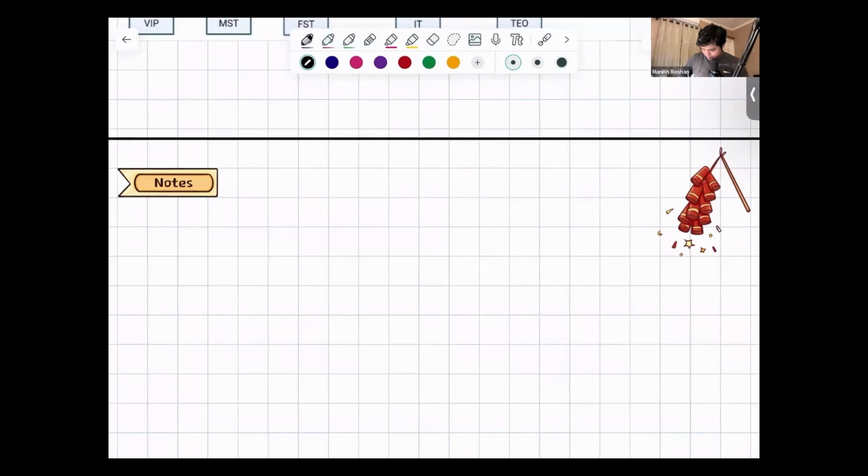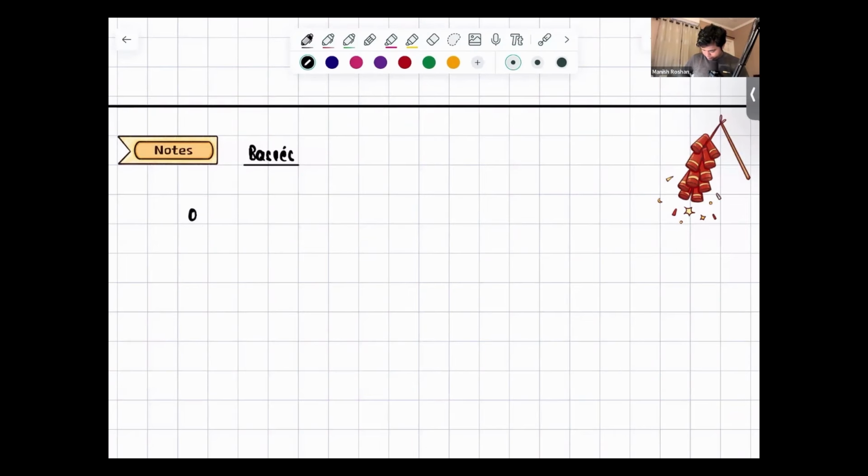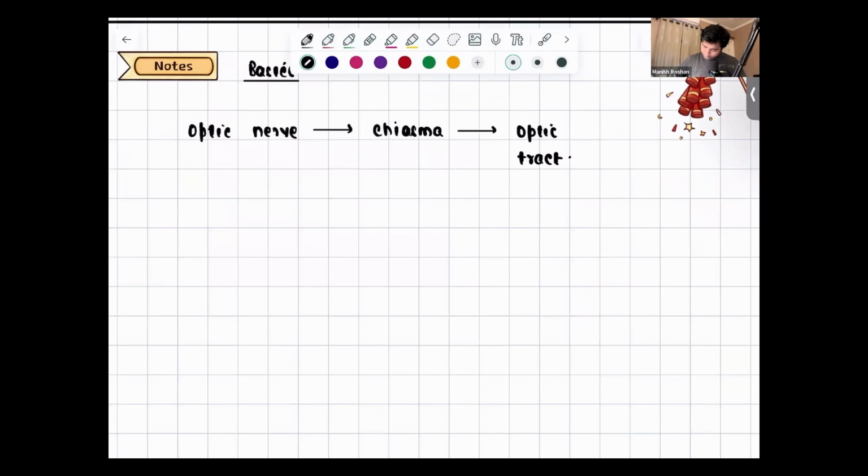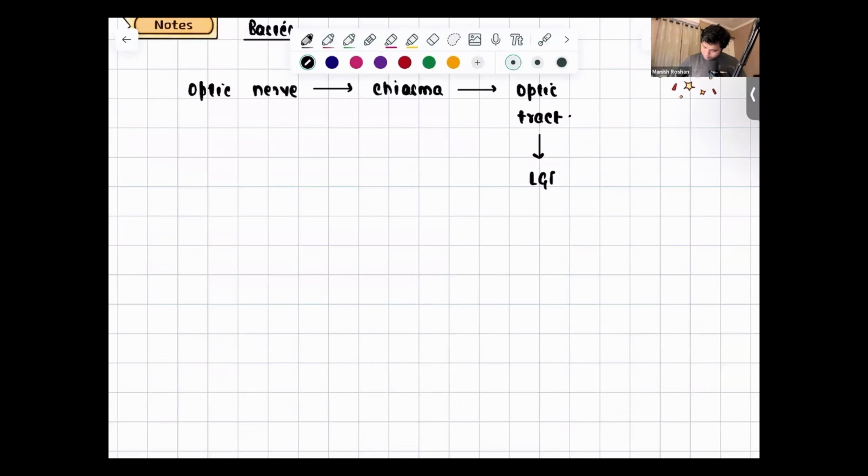Till here, if we start with the basics, we know that optic nerve, chiasm or chiasma, then we have optic tract. From optic tract, we have a relay station in the thalamus that is called the lateral geniculate body.